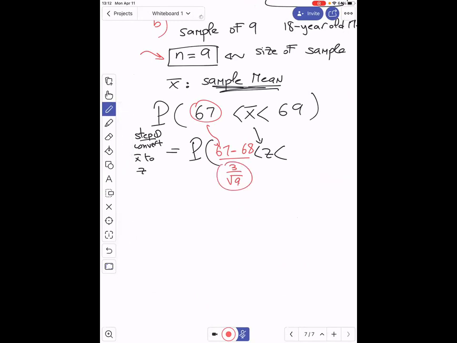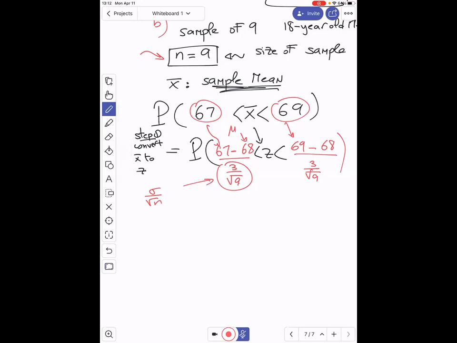The other side is the same thing. So it's 69, minus 68 over this 3 over square root of 9. Again, this is sigma over square root of n, and this is, of course, just the population mean.